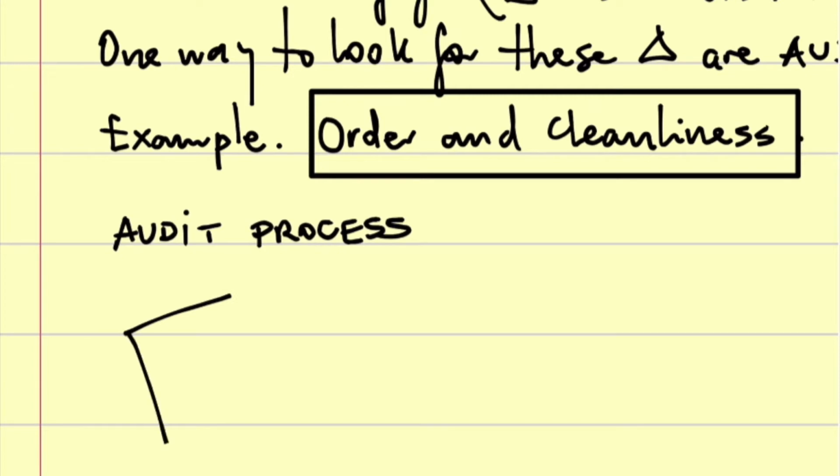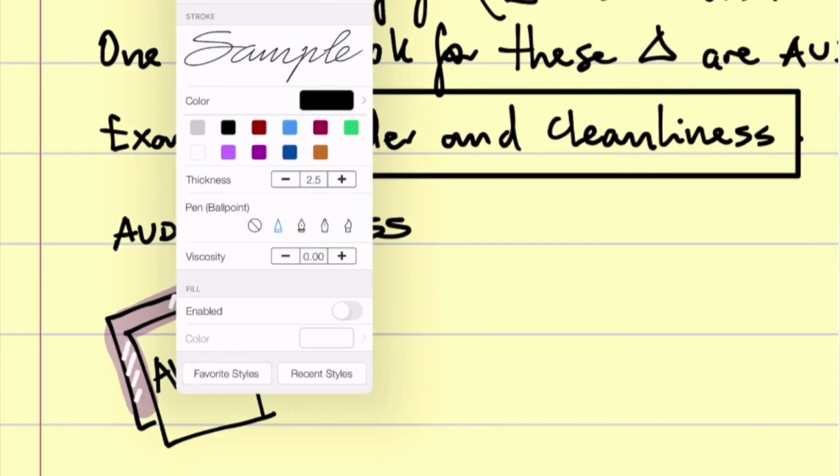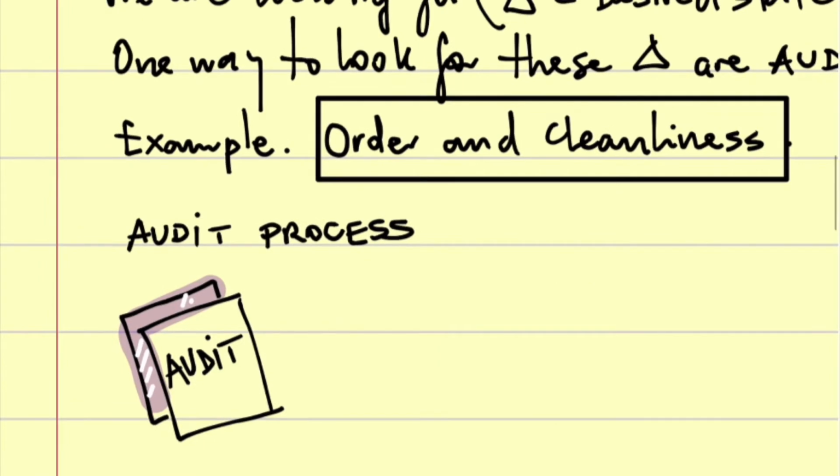Let me do a little pictogram again. So these are the audit documents. Let's say the instructions. Then you go and see the process.